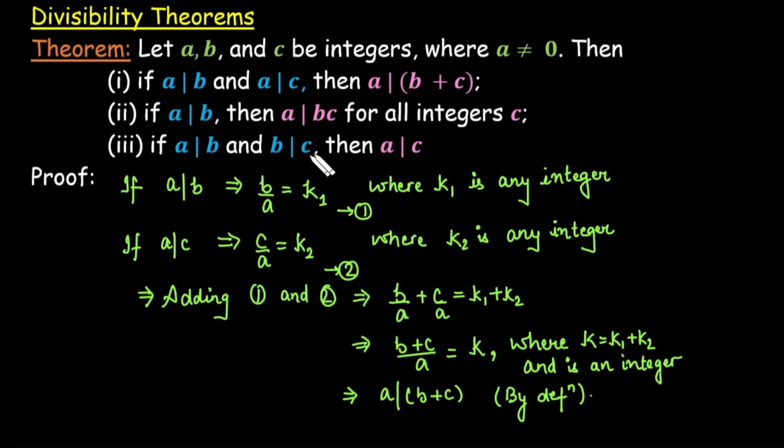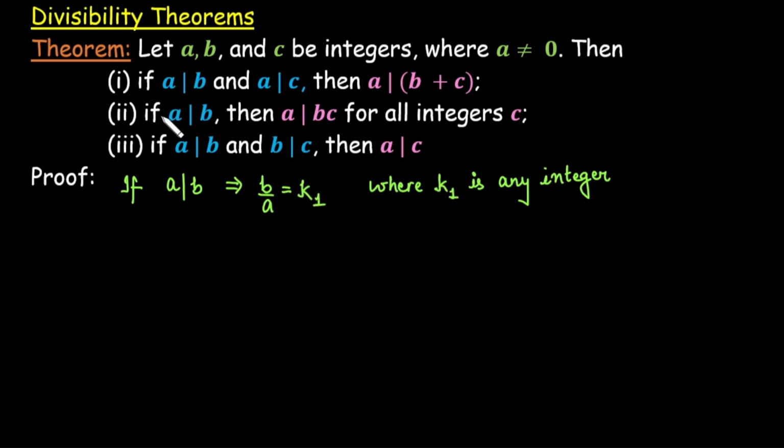Similarly, we can prove the next statement. For the second case, if A divides B, we need to show that A divides B into C for all integers C. It's very simple to prove that. We will take the condition A divides B. So if A divides B, it means B by A is equal to some integer, let's suppose K1.